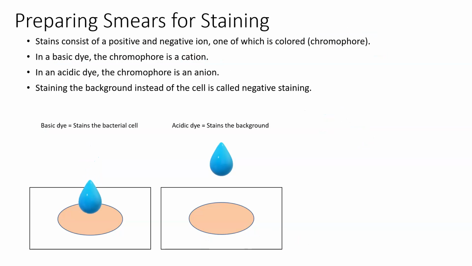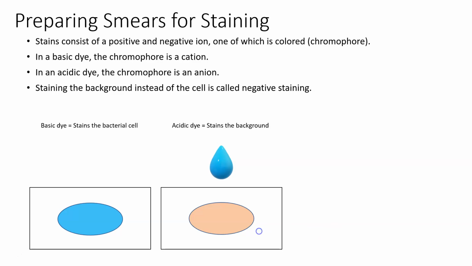When we add that positively charged chromophore, it's going to bind to, or be attracted to, the negatively charged bacterial cell, and it's going to stain the bacterial cell the color of the dye.